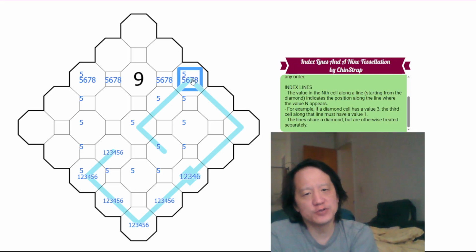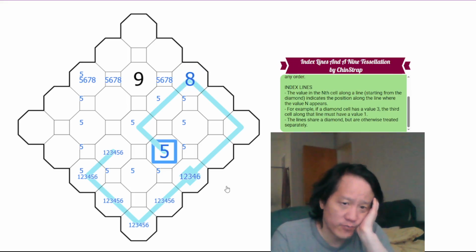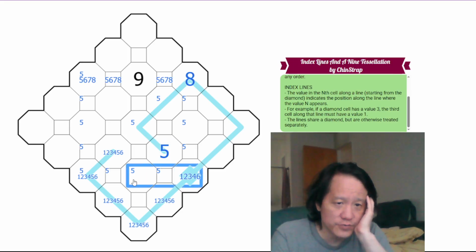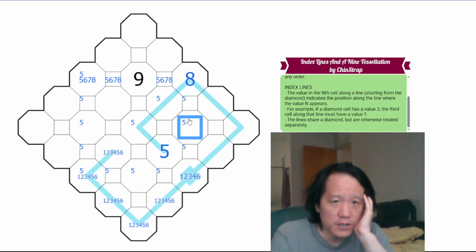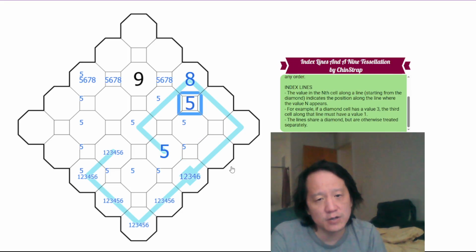What happens if there's 8 here? If this is 8, that means 5 must be there. So 5 cannot be here, so 5 would have to be one of these two. None of these could be 5, because they share an edge with this 5. So 5 would have to be here.